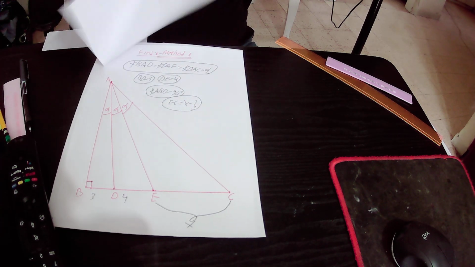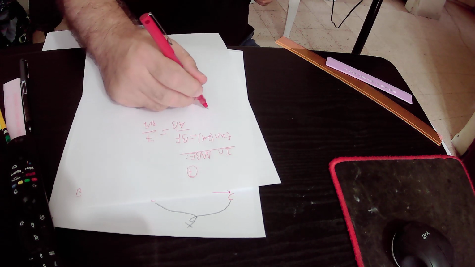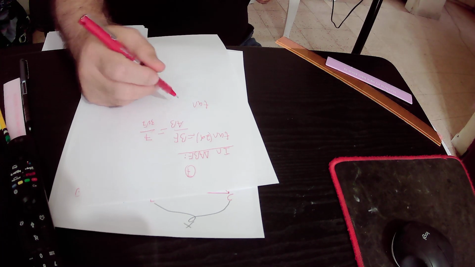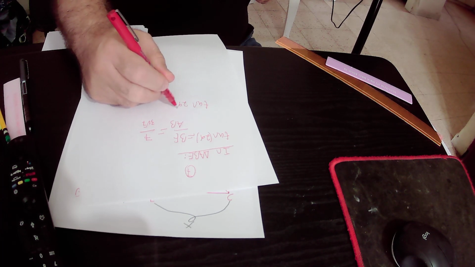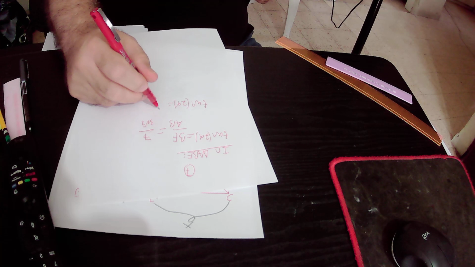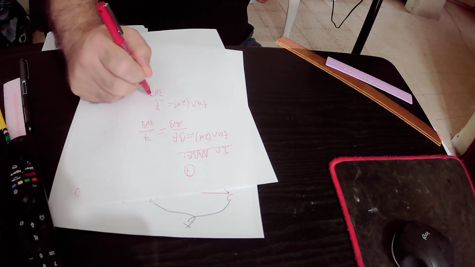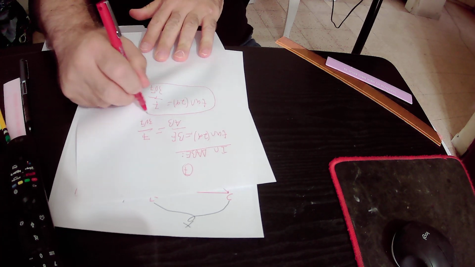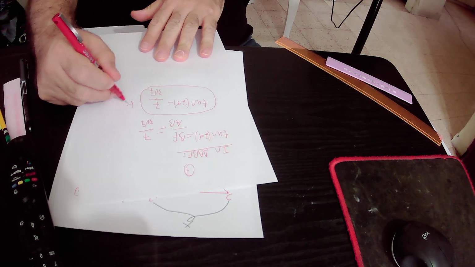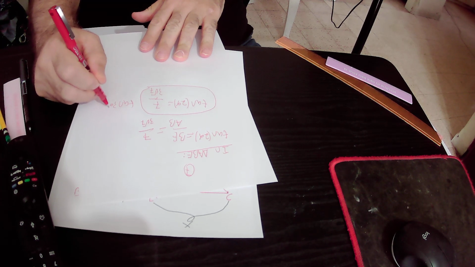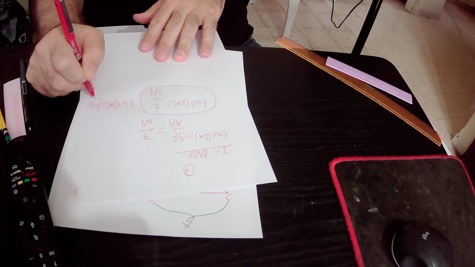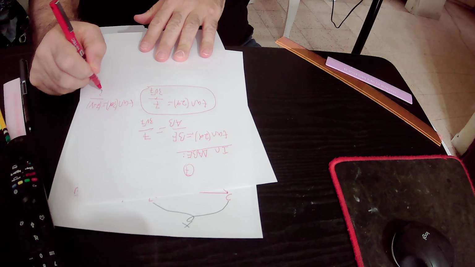So I write it down. Tangent 2 alpha equals 7 over 3 times root 7, and we have already found out that tangent 3 alpha equals 7 plus x over 3 times root 7.